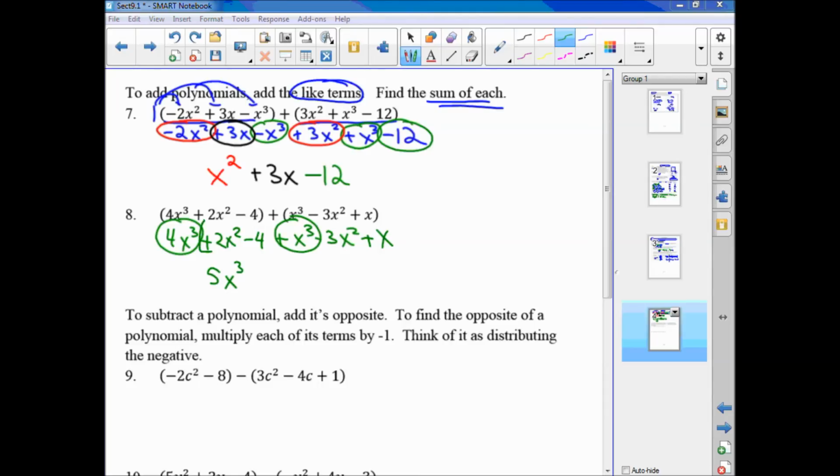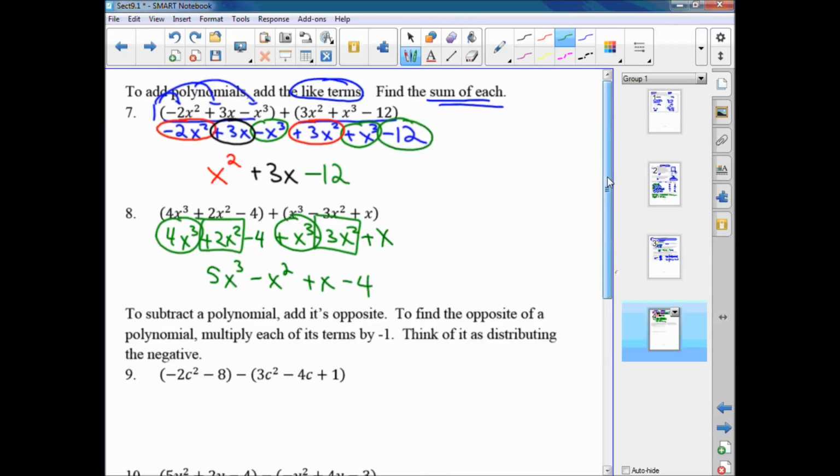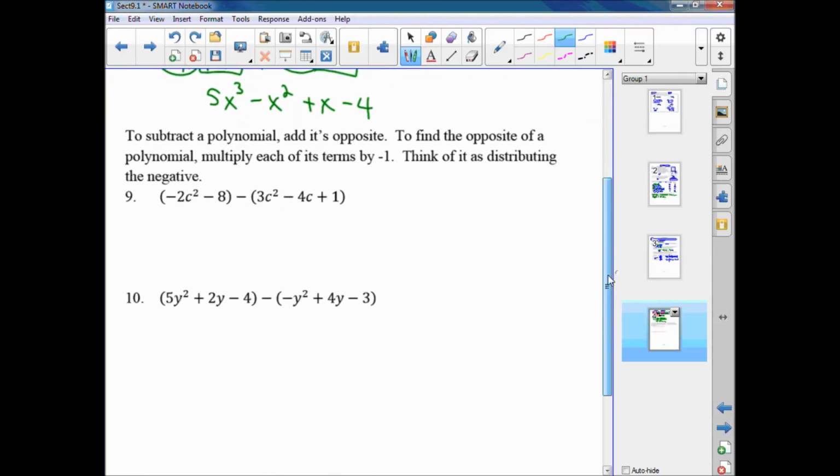And then 2x squared will combine with minus 3x squared. 2 minus 3 makes negative 1. We don't need the negative 1, we just write the negative part. So negative 1x squared just looks like that. And then we have the plus x that has no buddies, and the minus 4 that has no buddies. All right, so that's how adding polynomials works. You can only add the parts that are the same, so the terms that are like terms.